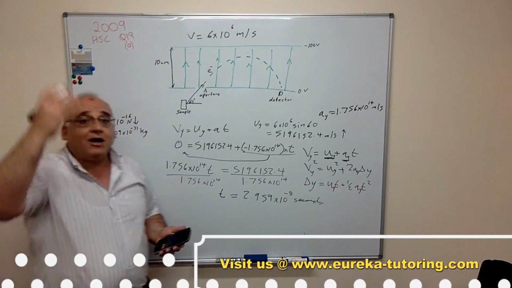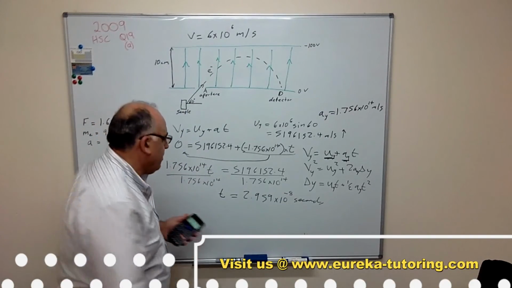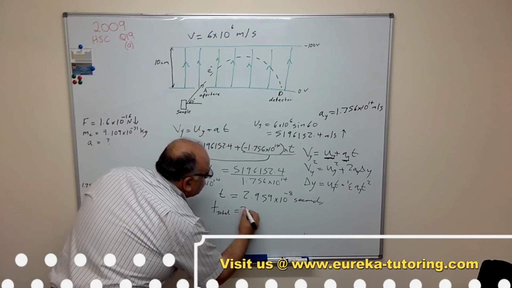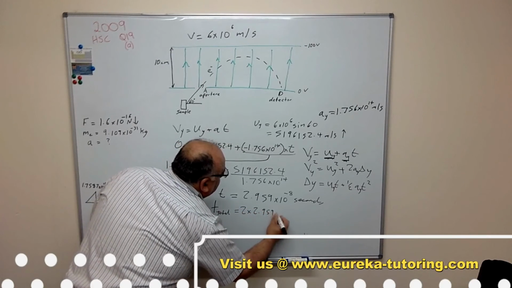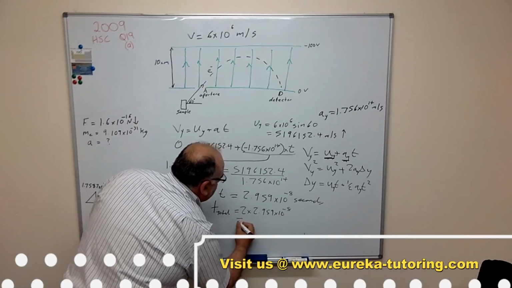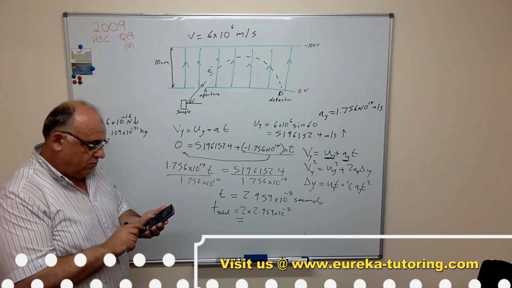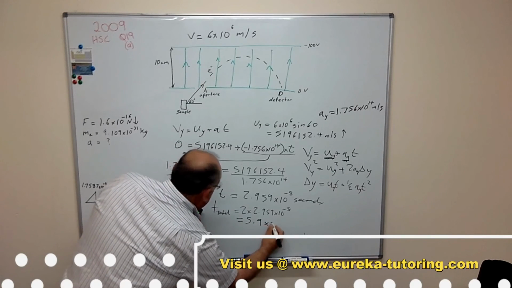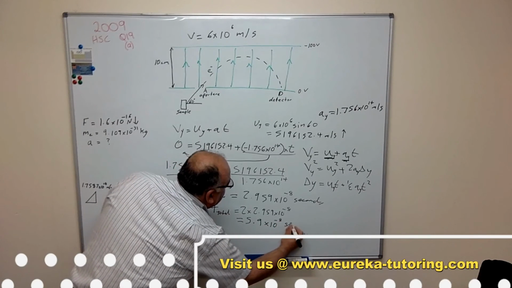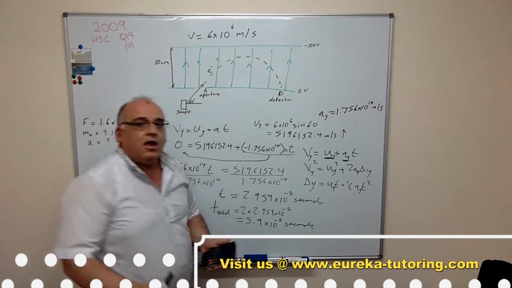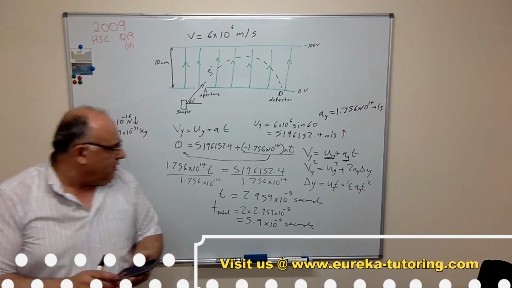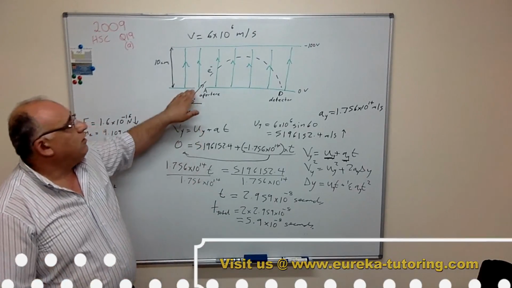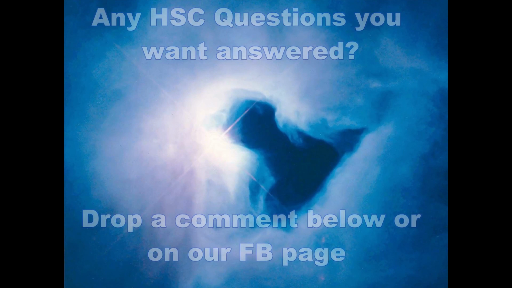That's the time to go to the top. So the total time, T total, will be 2 times 2.959 times 10 to the negative 8, which is equal to 5.9 times 10 to the negative 8 seconds. So our answer is 5.9 times 10 to the negative 8 seconds is the total time it takes to go from there to there.